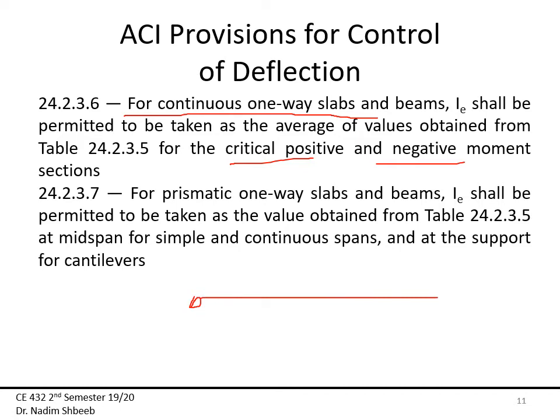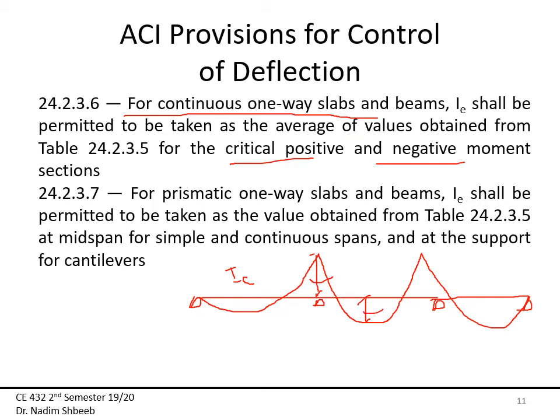So if I have, let's say, a continuous beam or slab for that matter, and you know that the moment diagram is something like this, I could simply take this as my critical positive moment, and this as my critical negative moment, then IE can simply be the average of this one here and that one here. So this one plus this one for the whole beam, okay?